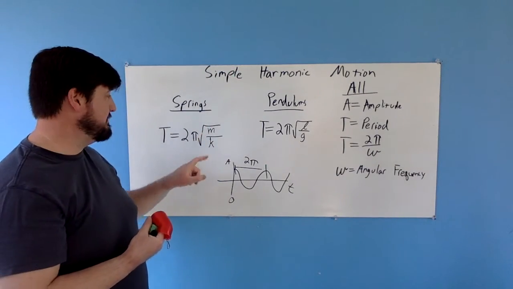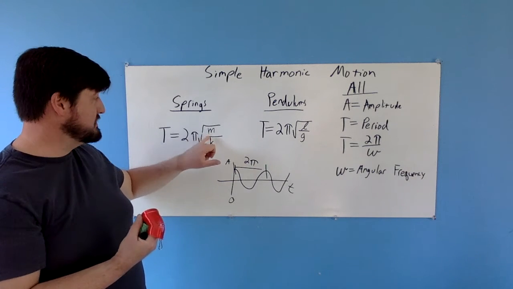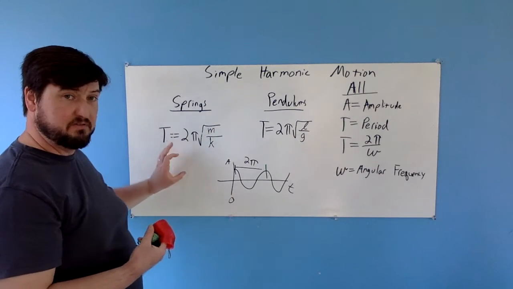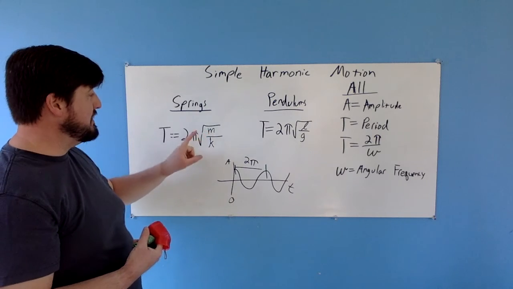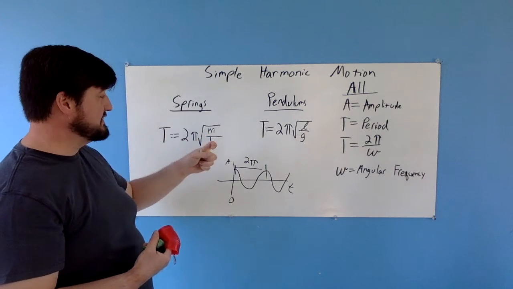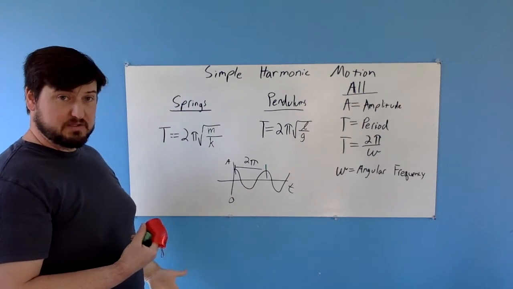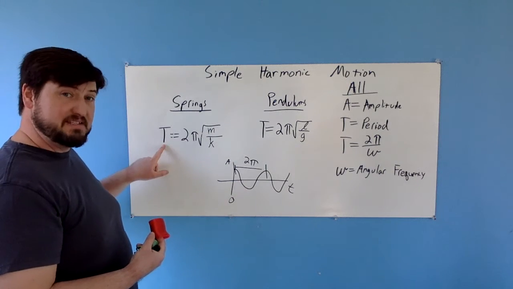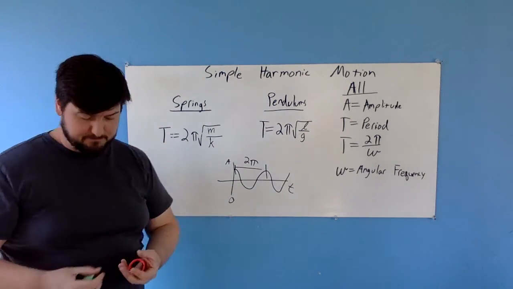If mass is the only thing that matters, mass is on top. Okay, so if I increase my mass, that number gets larger. So regardless of all the other functions that are happening here, right? If my mass increases, that means my timing has to increase because it's a number on top. Number on top gets larger, my overall value gets larger, okay? If I decrease my mass, my time has to be less. So it takes less time with less mass, okay?